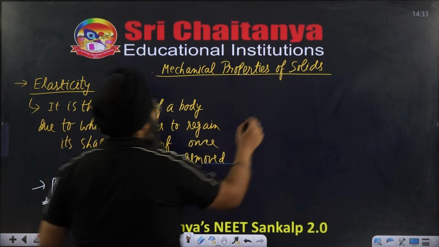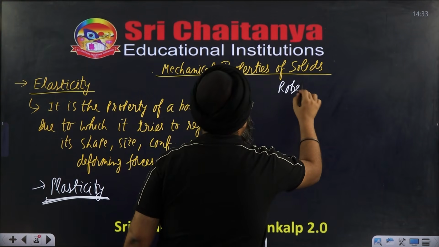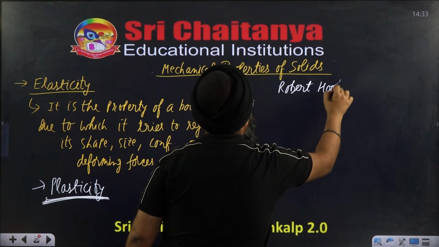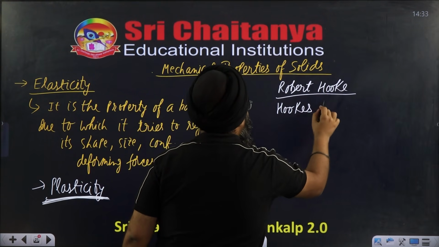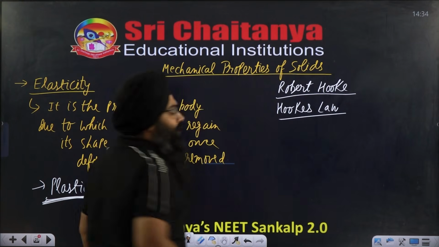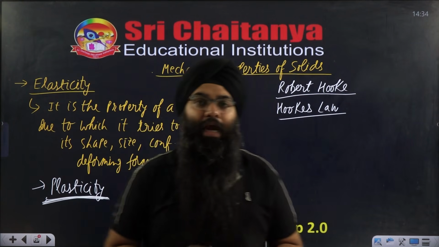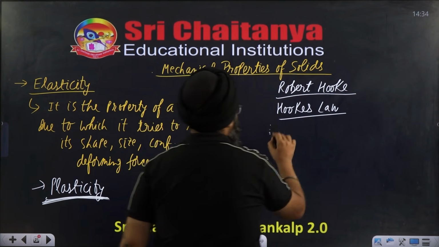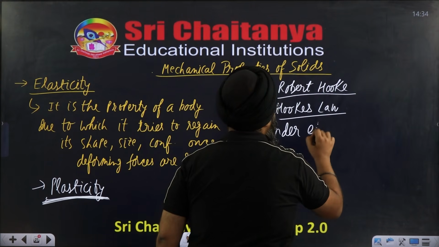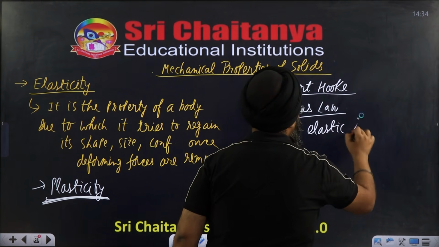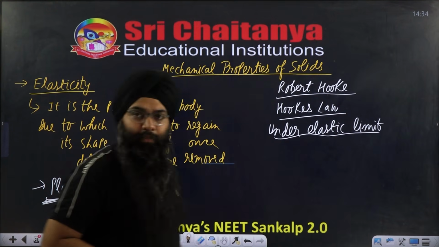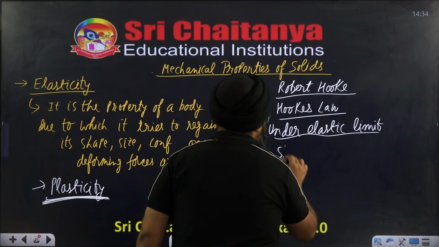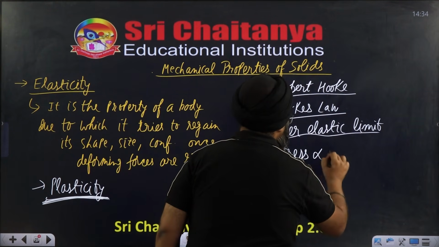Now there was one scientist named Robert Hooke, and this particular scientist gave Hooke's law. So what was Hooke's law? Hooke's law stated that under the elastic limit, the stress is directly proportional to strain.